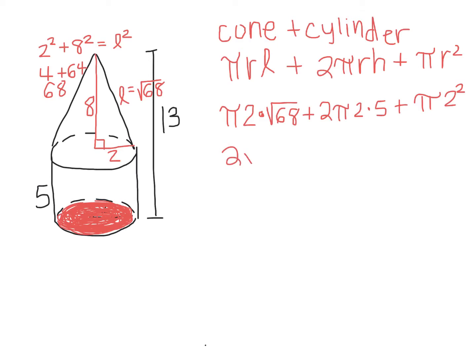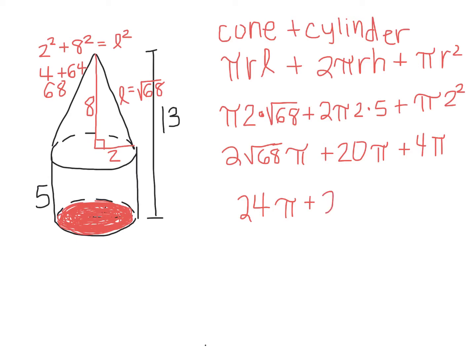I have 2 times the square root of 68 times pi, plus 2 times 2 is 4, 4 times 5 is 20, so that's 20 pi, plus 2 squared is 4, so this is 4 pi. Then I can add the 20 pi and the 4 pi to get 24 pi. Now this other part, because it's connected to the square root, I cannot add together with that to get 26 times the square root of 68 times pi. It doesn't work like that, because the square root of 68 makes that an irrational number.